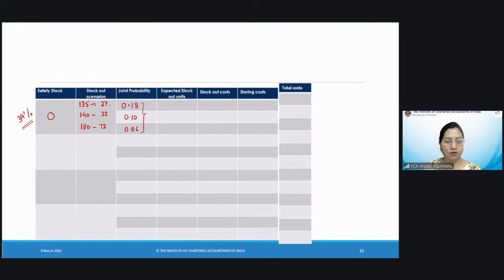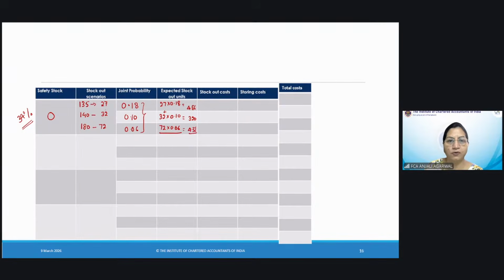So expected stock out units will be 27 into 0.18 plus 32 into 0.10 plus 72 into 0.06. So 27 into 0.18 is 4.86, 32 into 0.10 is 3.20, and 72 into 0.06 is 4.32.